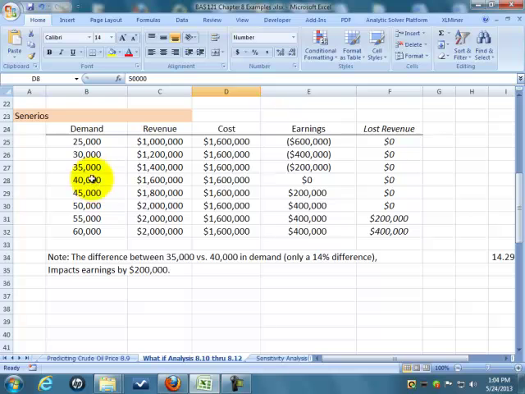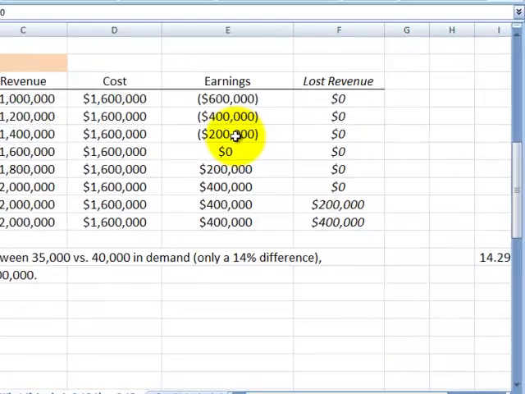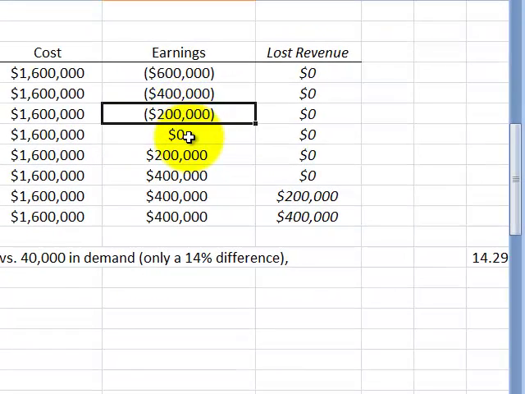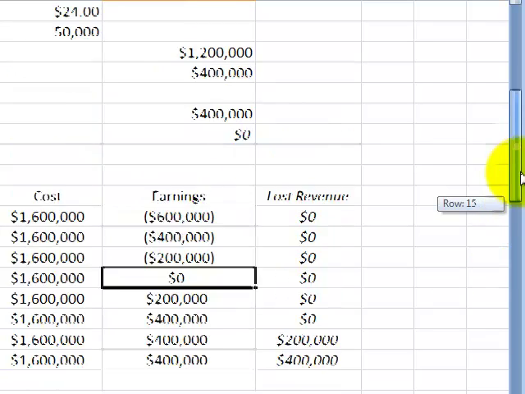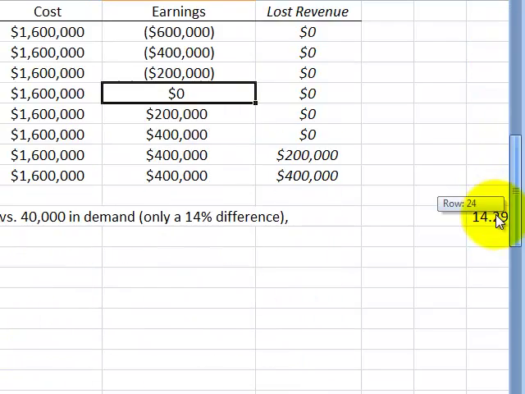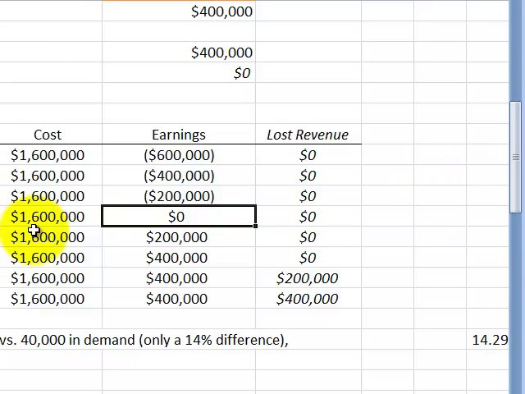Notice the difference between 35 and 40,000. The difference in demand is only 14%. But look at the earnings difference: $200,000. So you want to do these sensitivity models to really understand how much revenue you want and how much inventory you want to buy.